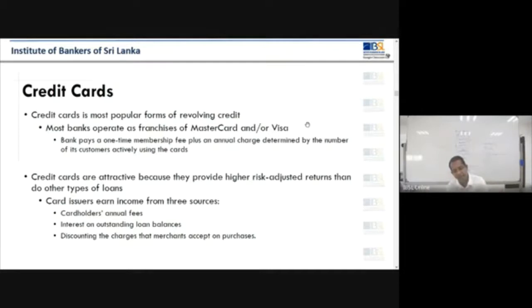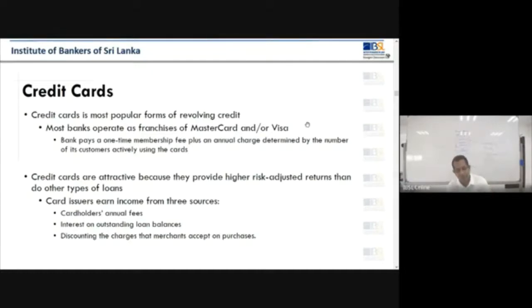We have several credit card players in the country. MasterCard and Visa are the most common. Banks take a franchise from MasterCard and Visa, or we have Amex and other things as well, but mainly these two are the main credit card companies in the country.